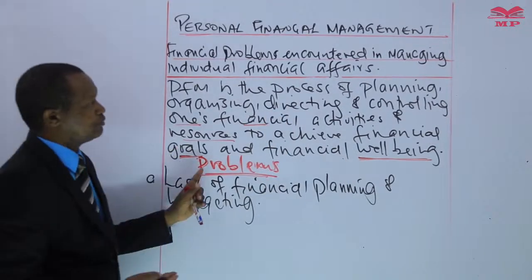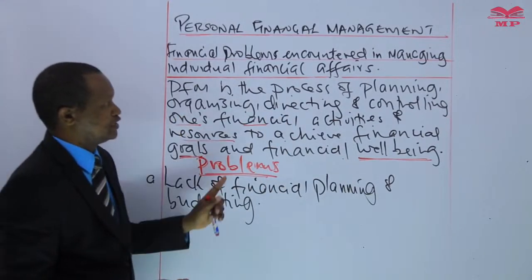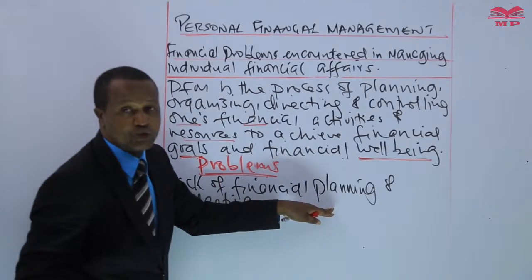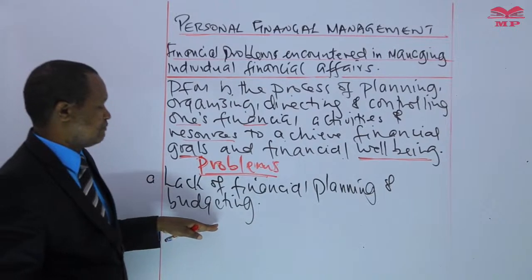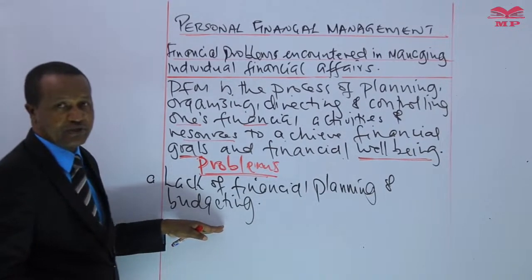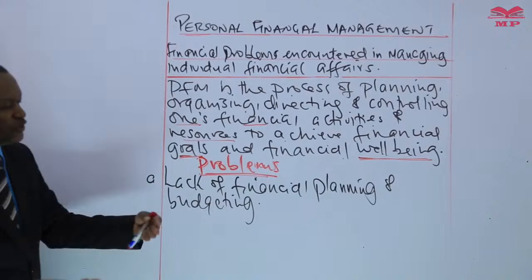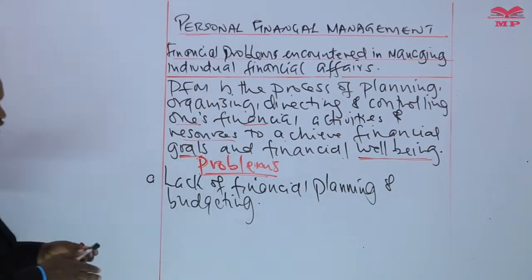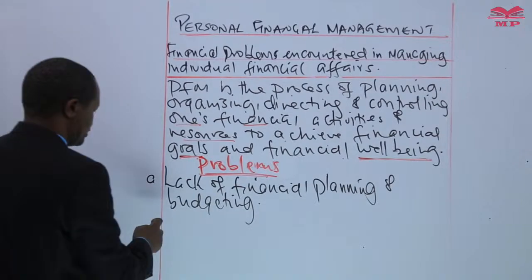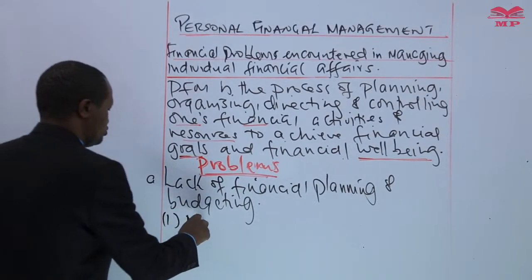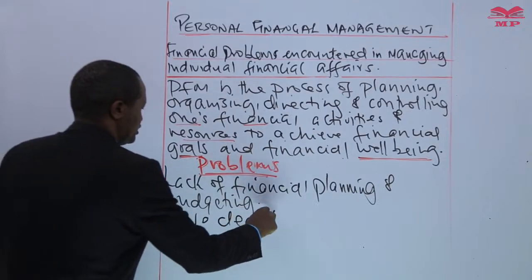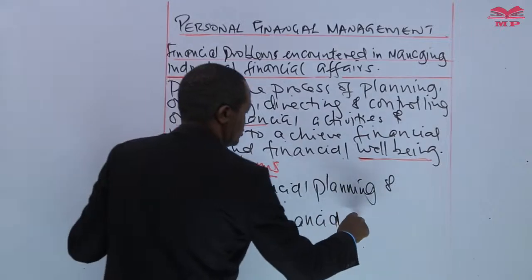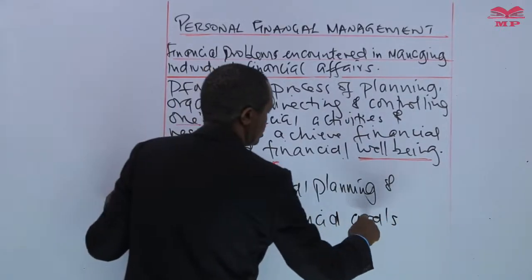So one of the problems encountered in managing individual financial affairs is that individuals may not have financial plans about their lives. They may not have budgets. Individuals may not have clear financial goals. Under this point, you can say no clear financial goals.